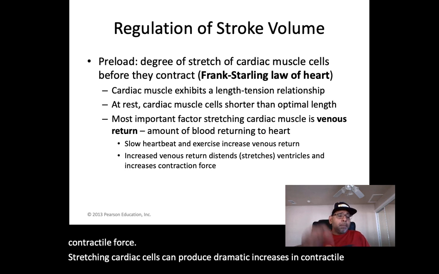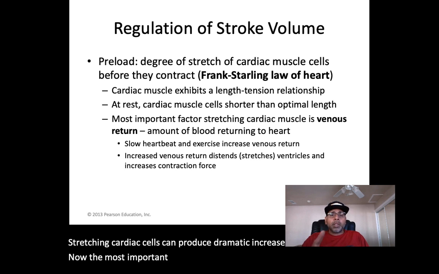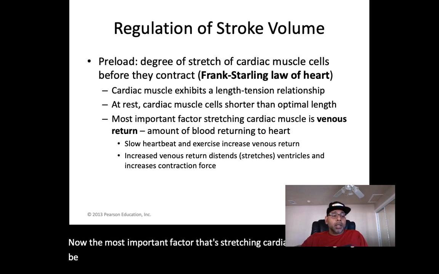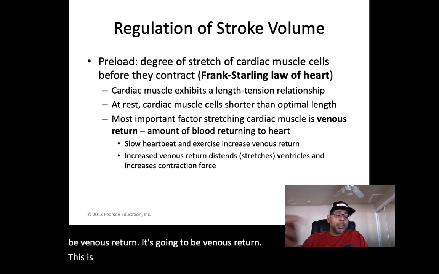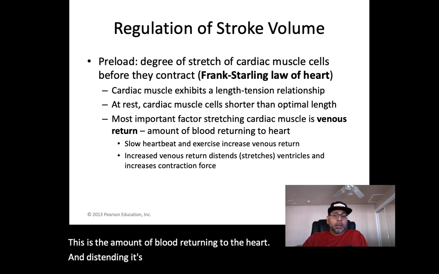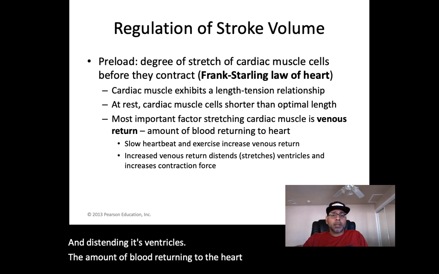The most important factor stretching cardiac muscle is venous return. This is the amount of blood returning to the heart and distending its ventricles.